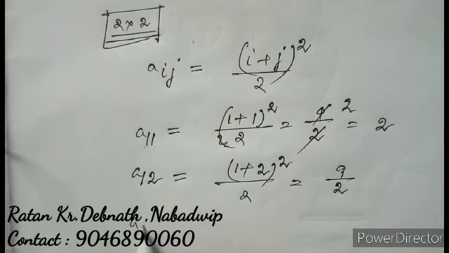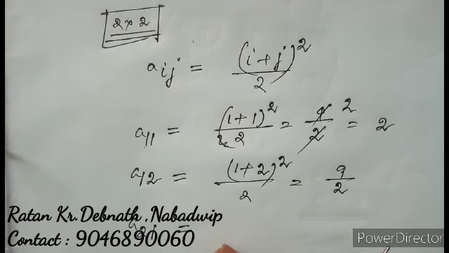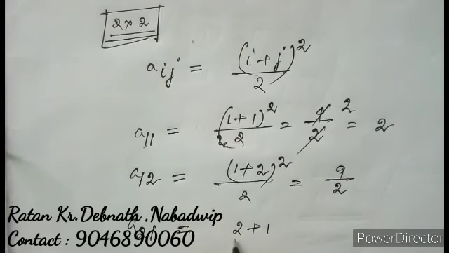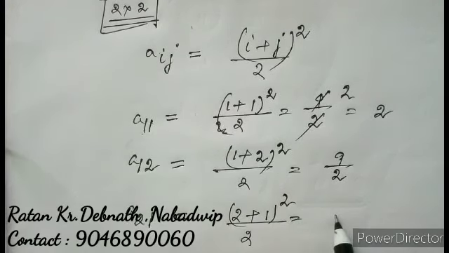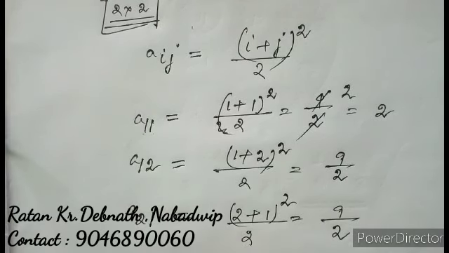Next, A21. A21 means first element of the second row. So we put I equals to 2, j equals to 1, whole square by 2. This is also 9 by 2. Next, A22.